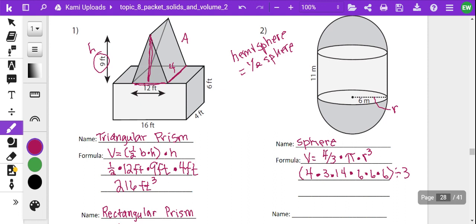Let's put that in our calculator. 4 times 3.14 times 6 times 6 times 6 equals, you should get 2,712.96, and we're going to divide that by 3.